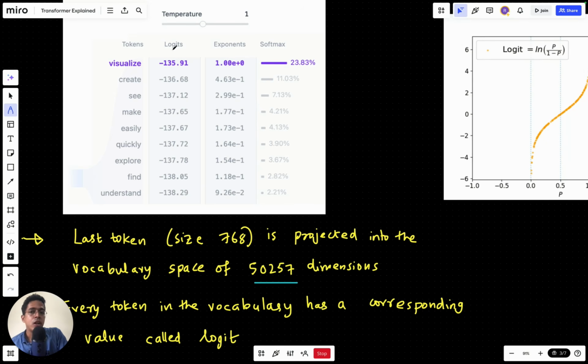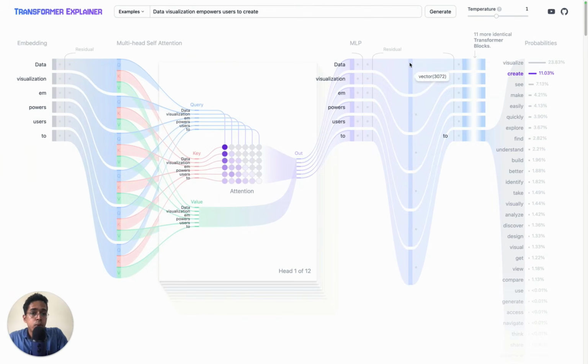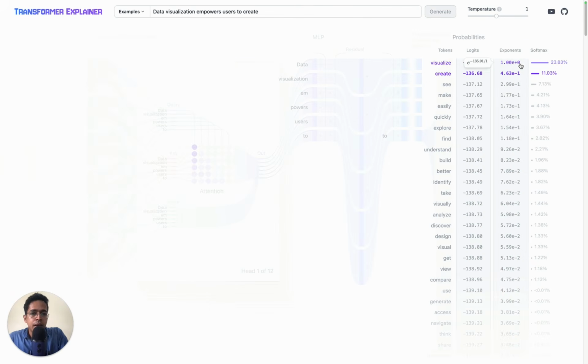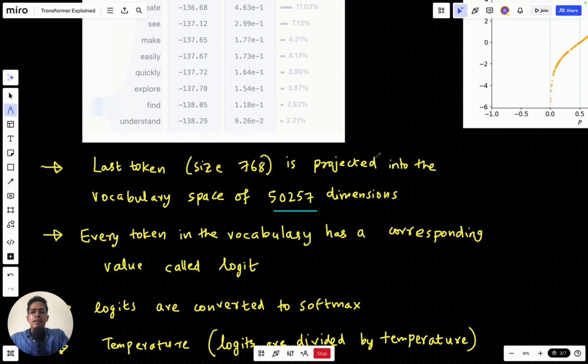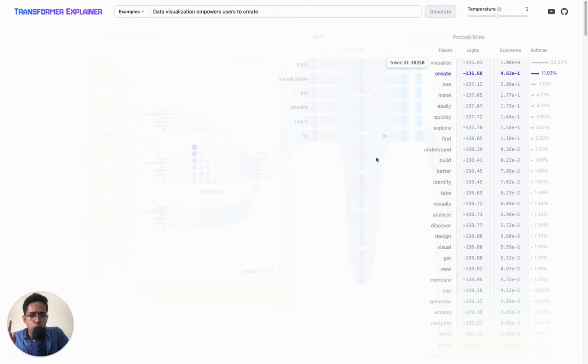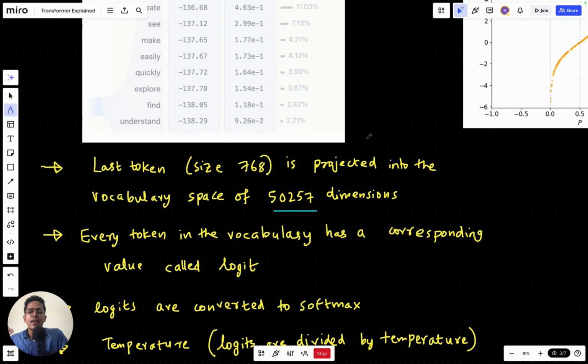And then the logit is converted into an exponent. How is it done? You can see the formula here. You click here and hover on top of this. You can see that it is e raised to -135.9 divided by 1. Now you might be wondering, what is this divided by 1? I will come into that in a moment. What is done is the last token, which in this case is 2, is projected into this vocabulary space where there are 50,257 words.